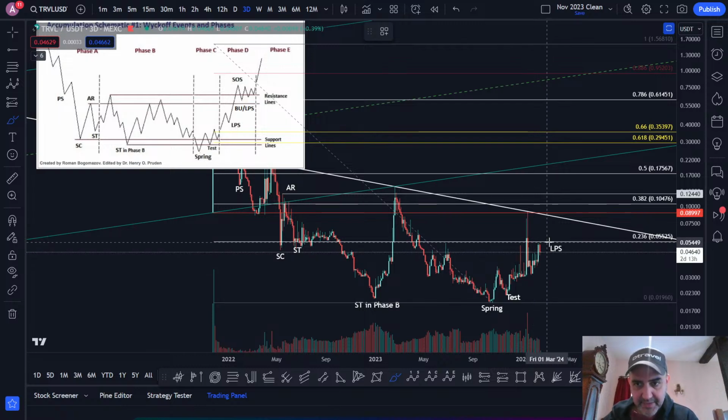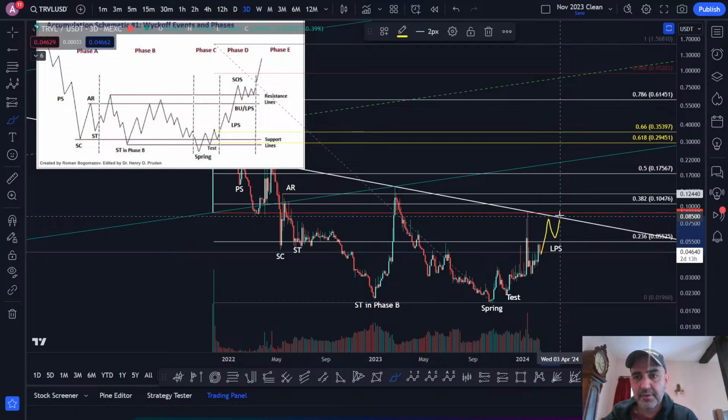But if that's the LPS, which is the lowest point of support, we need to break it and test it to go up, which is the buy up. And we're above the AR.